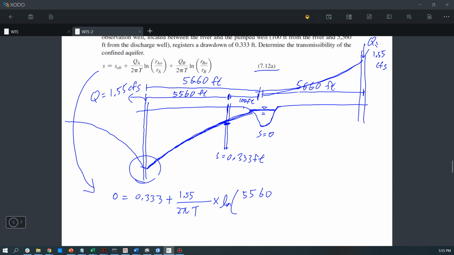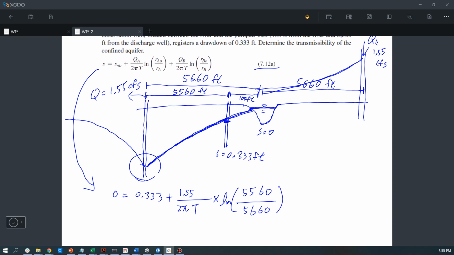That's the distance between this pumped well and this observation well, divided by RA, which is 5,660. That's the distance between the river and pumped well.